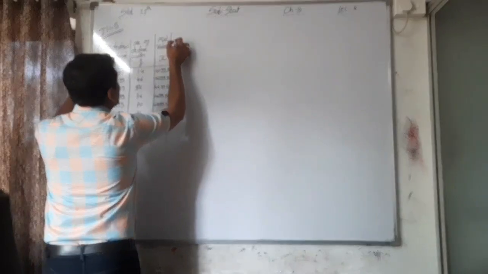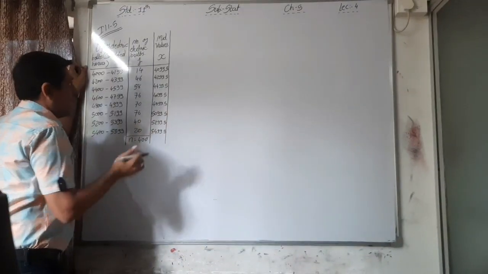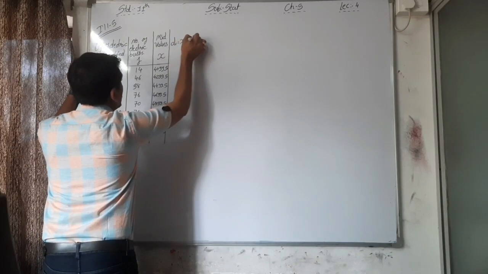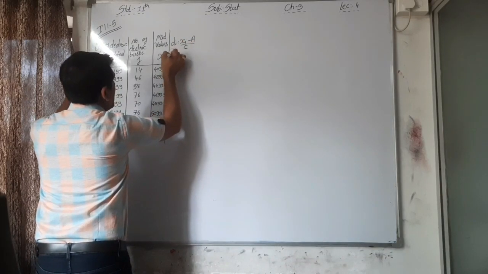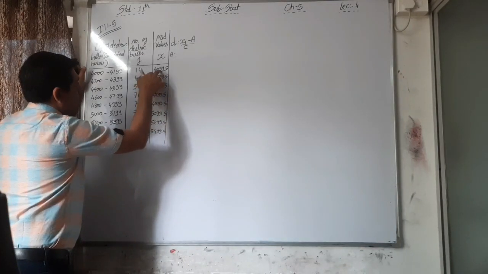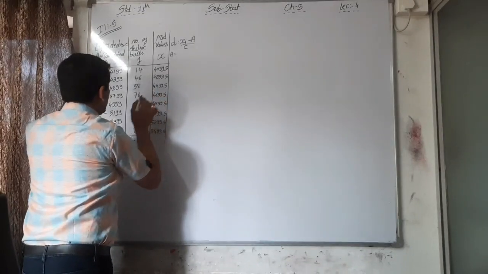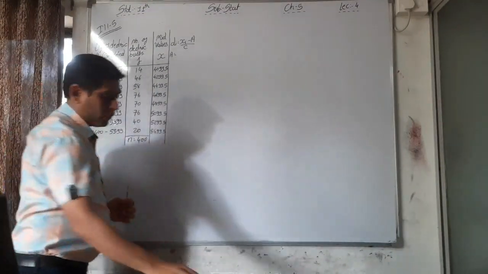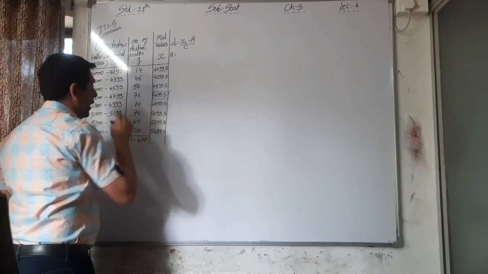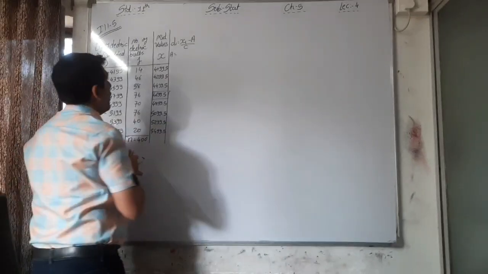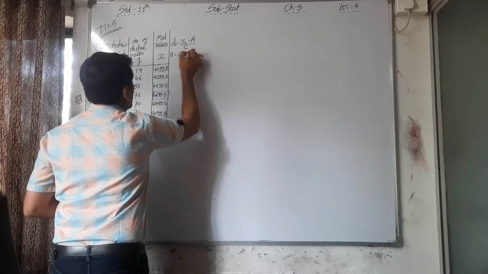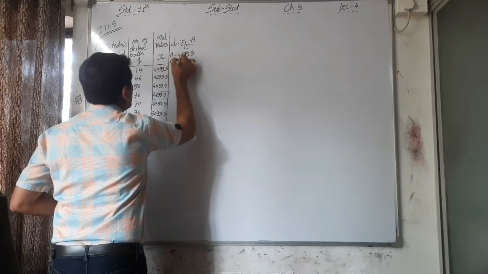Now di, shortcut method, because all the values of x here are more than 100, so xi minus a upon c. Here a is equal to what? The middle one. So here I am assuming 4699.5 and c is equal to 200.